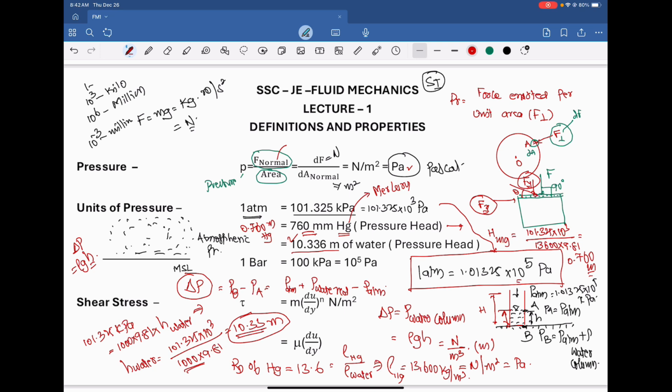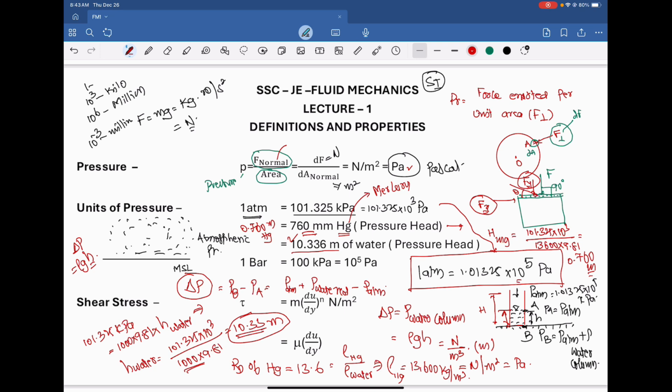That is equal to 1.01325 into 10 to the power of 5 pascals. It should be in your mind. And if expressed in water column and mercury column, 1 atmospheric is 10.336 meters of water column pressure, and 1 atmospheric in mercury column is 760 mmHg or 0.760 meters of mercury.